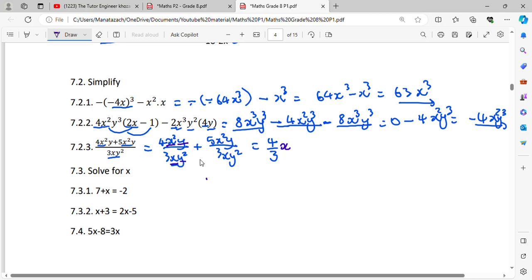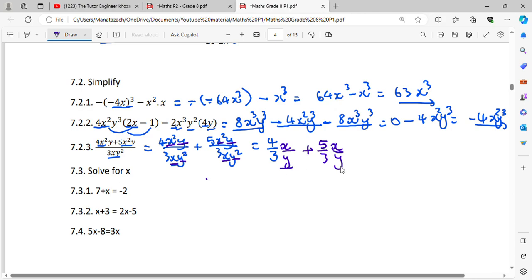squared, which has a higher degree, so y will come at the bottom. And then plus 5 over 3 will come back as it is, and then x squared divided by x, you'll have x, and then y divided by y squared. Since the higher degree is at the bottom, you put y at the bottom. So now we can still further simplify these.